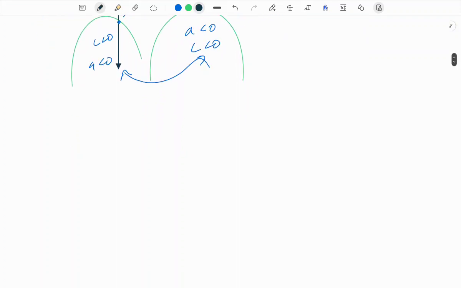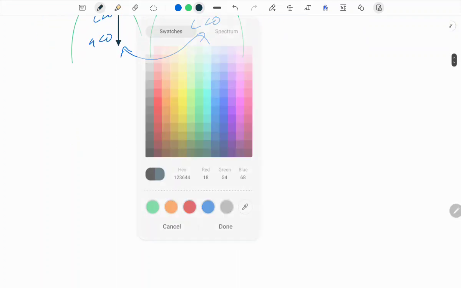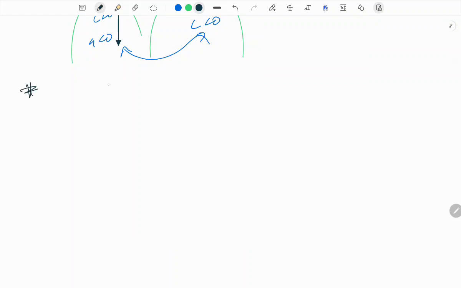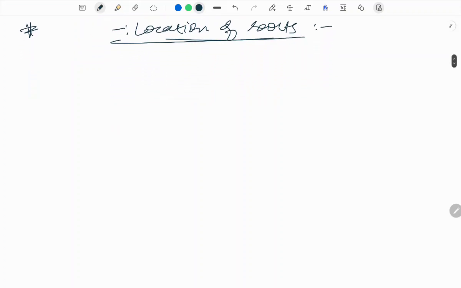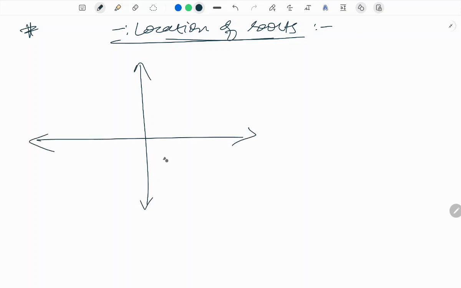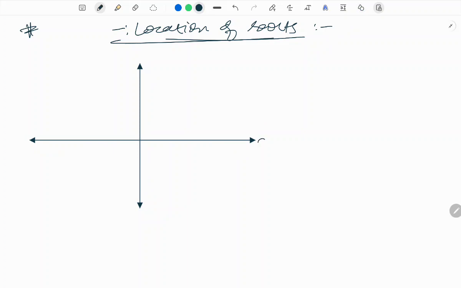So now let us come to the next part of quadratic, that is location of roots. What does location of roots mean? It means that let us draw the coordinate axis. This is x, this is y.